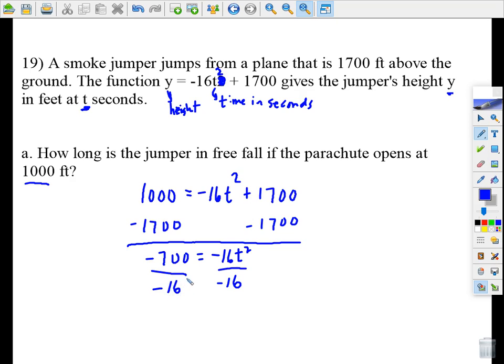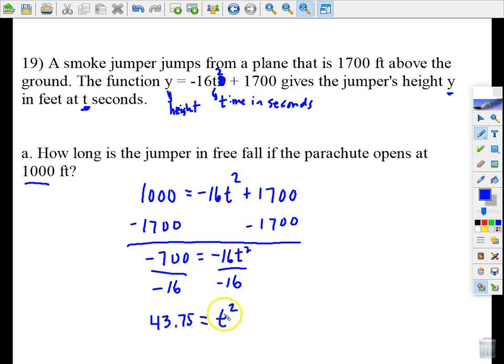You might want to grab your calculator for this one. It's going to end up being a positive, right? Negative divided by negative. If you do that in your calculator, you get 43.75, and that's going to equal t squared.